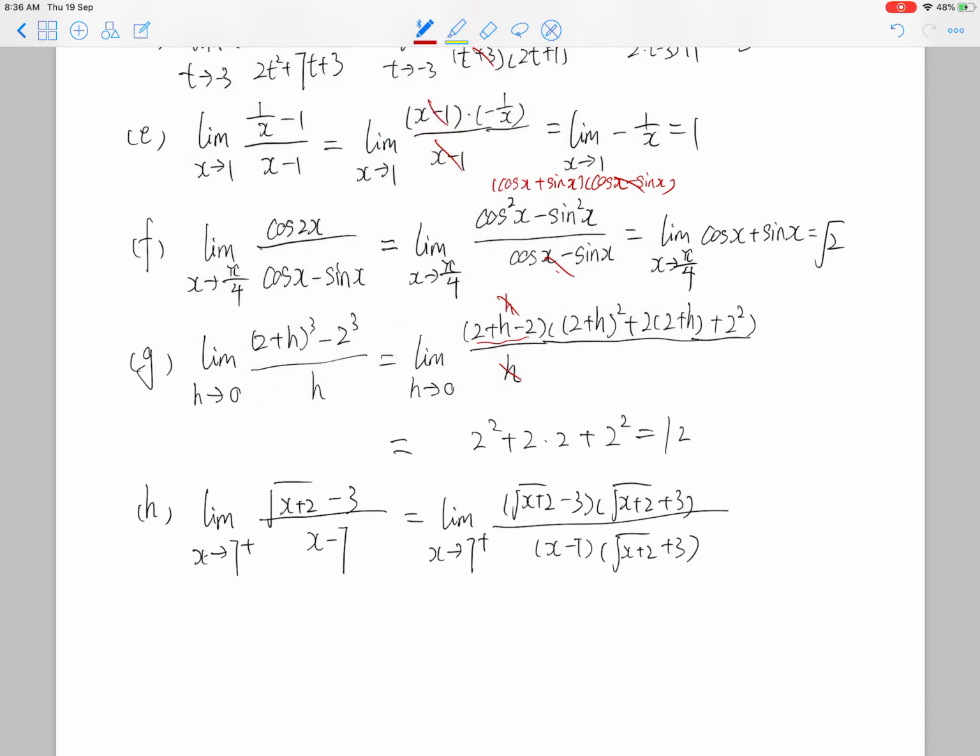Then after the multiplication, a minus b times a plus b is a squared minus b squared, right? It is just x minus 7, right? So the numerator is x minus 7, cancel out. So the result is just 1 over, you sub in, it's square root of 7 plus 2 plus 3, right? It's 1 over 6.